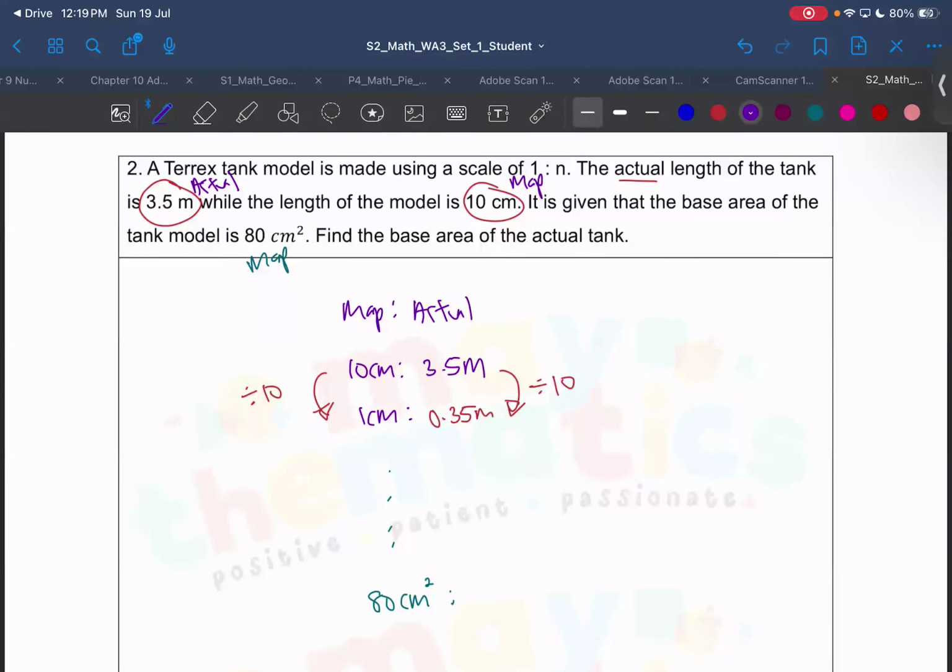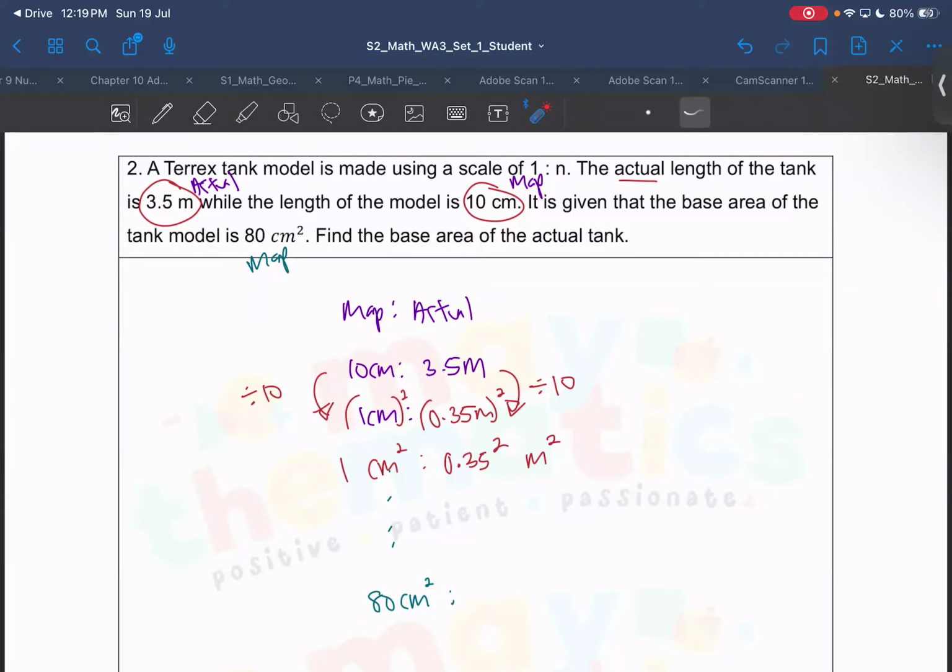So how can I convert cm and meters to a square? Any idea? Helene? Any idea? Square 1 cm. Yeah, and square down. Correct. Because I know ultimately I want in cm squared, to convert I just need to square both sides. So I'll get 1 cm squared and 0.35 meters squared.